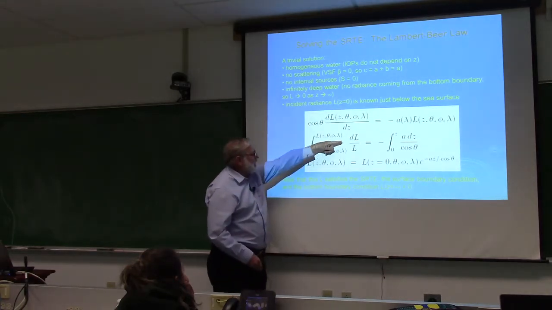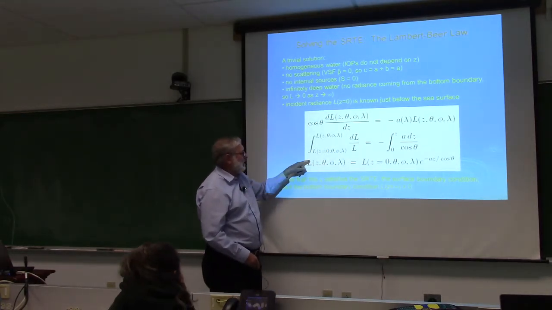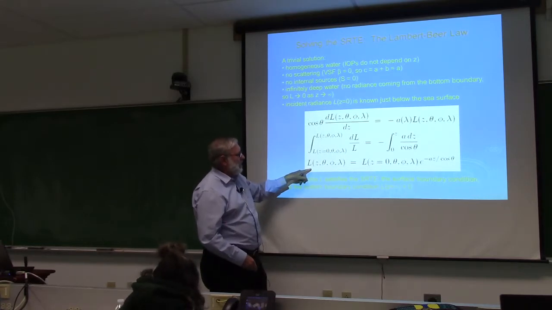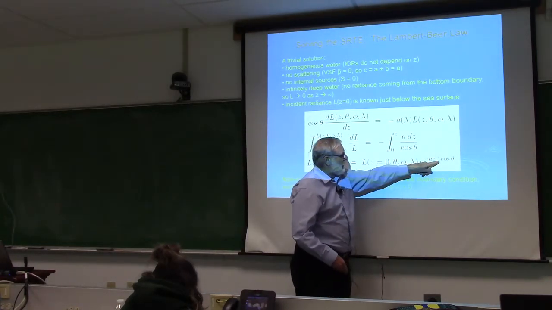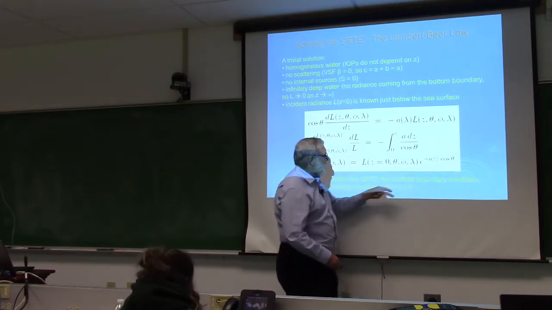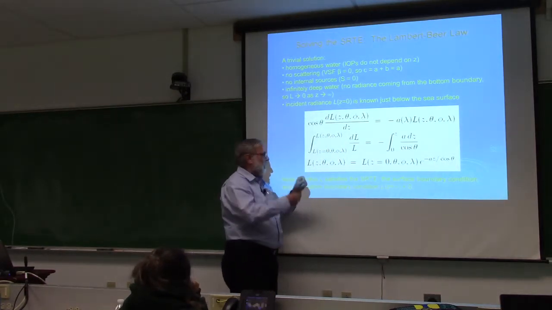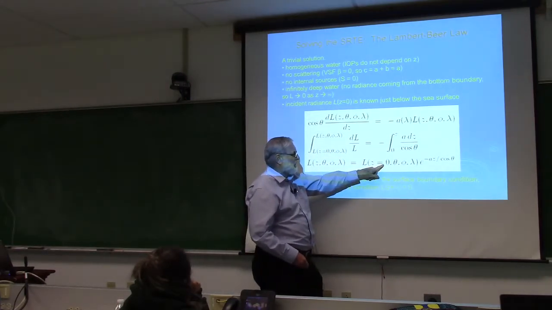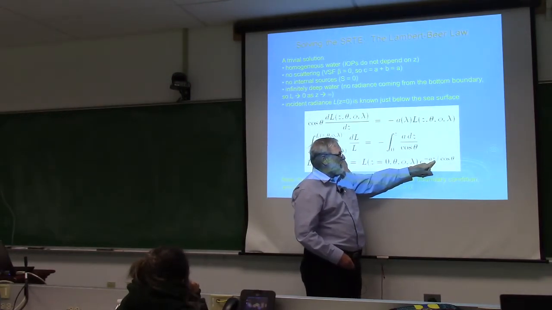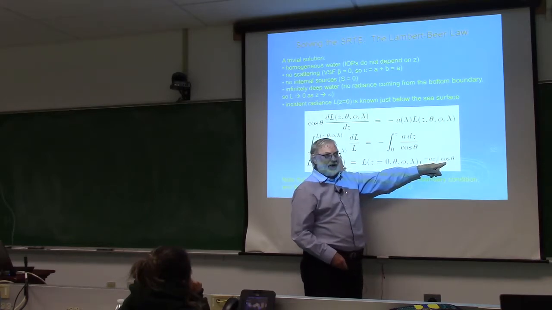So dL over L integrates into the logarithm, and this guy is just going to give me A times Z over cosine theta, and so I take the anti-log and I get that the radiance at depth Z is the value at the surface times e to the minus AZ over cosine theta.